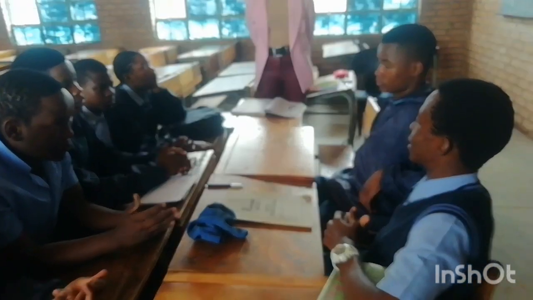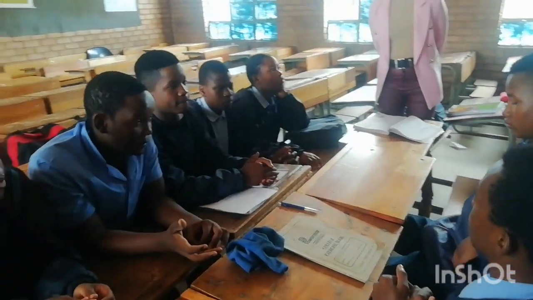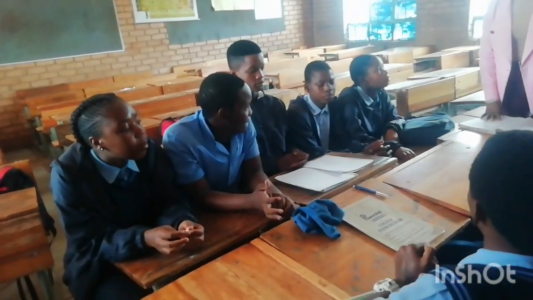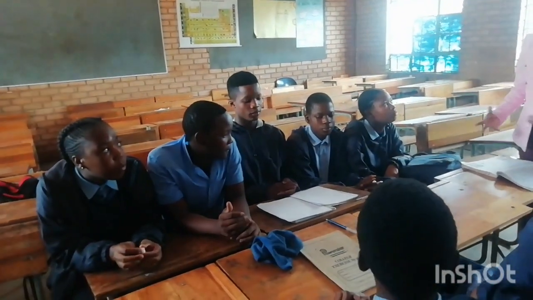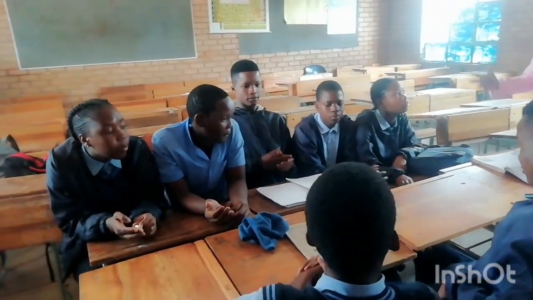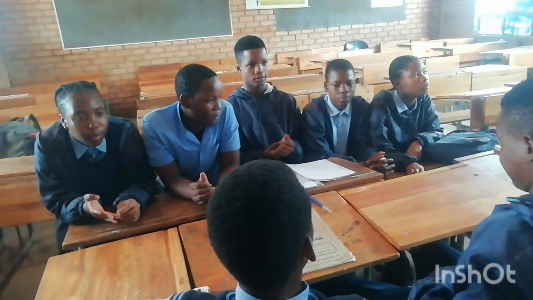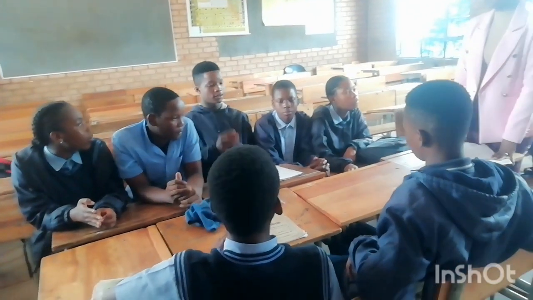Anyone to continue with the information? What did you learn about the differences between animal cell and plant cell? Do you still remember what you have learned yesterday? If yes, tell me the difference between plant cell and animal cell.